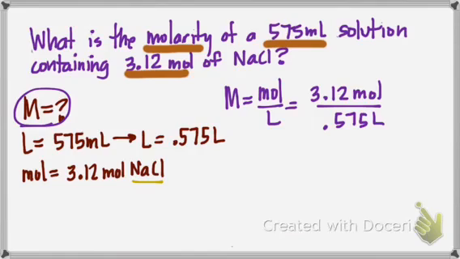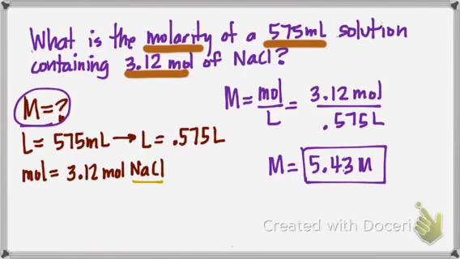When you run the math on that, it's going to come out to be a molarity of 5.42. Actually, when you round it, I apologize, it's going to be 5.43 molar, and that's going to be your concentration.